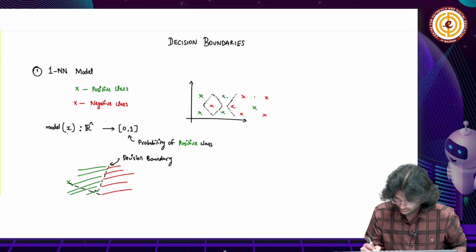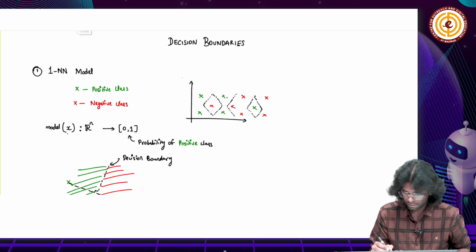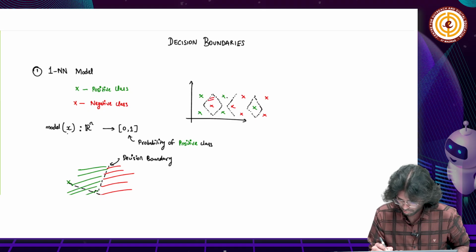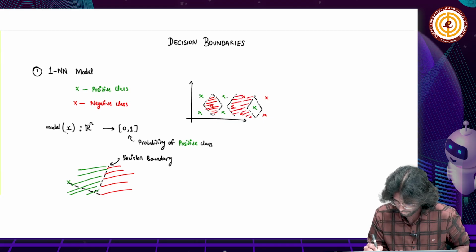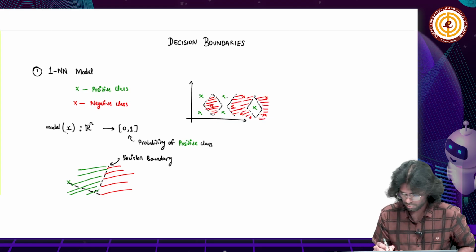Then we also have this. So a bunch of diamonds, and if I am to color this, you can see this would be red. This would also be red. And then the rest would be green.